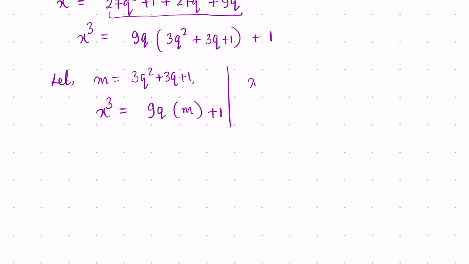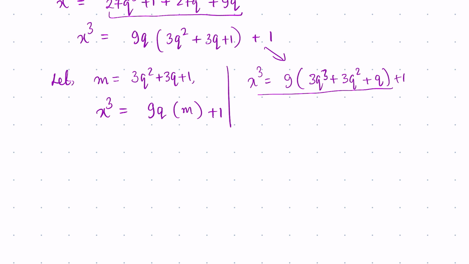So x cubed is equal to 9 times 3q cubed, sorry, plus 3q squared plus q, plus 1. This can be equivalently expressed as this.